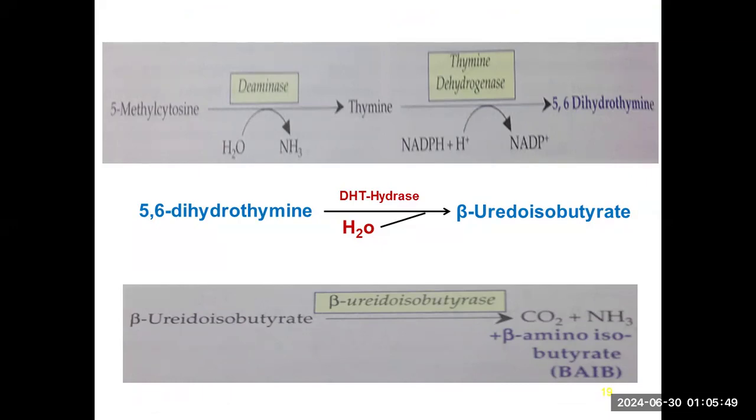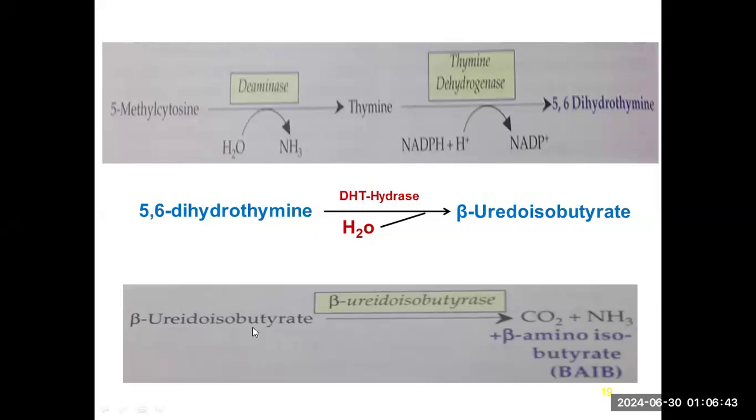Then, by the action of thymine dehydrogenase, it is reduced to 5,6-dihydrothymine, with the coenzyme NADPH oxidized to NADP, and the thymine reduced to 5,6-dihydrothymine. 5,6-dihydrothymine is then hydrolyzed by the action of the enzyme dihydrothymine hydrase, converted into beta-ureidoisobutyrate.